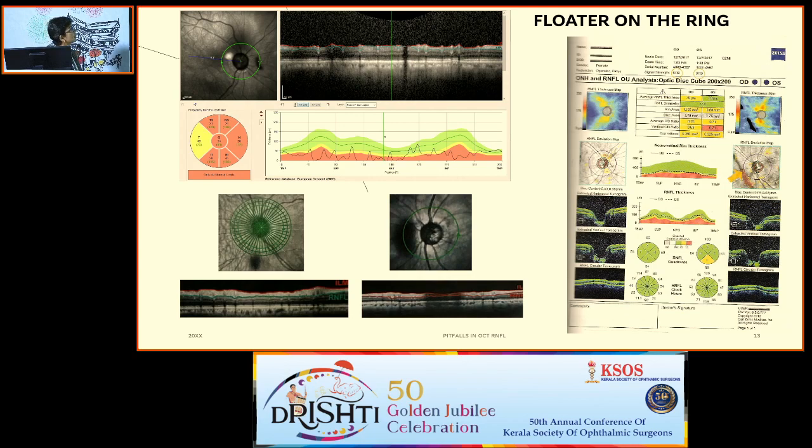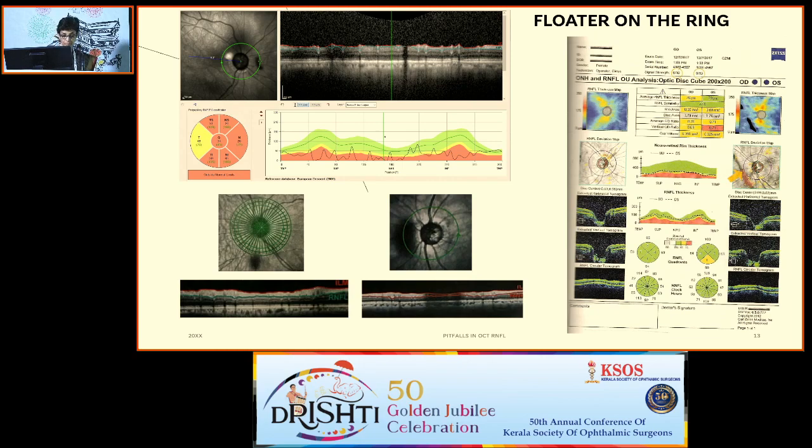This corresponds to this position, and you will find that the scan is not taken appropriately, or there is a thinning in that area. When you look at the measurement ring and the position of the black area, which is actually a floater, when this floater has moved away from the circle of measurement, then the scan is okay. But if this floater is under the circle of measurement, it prevents the acquisition of an accurate scan.